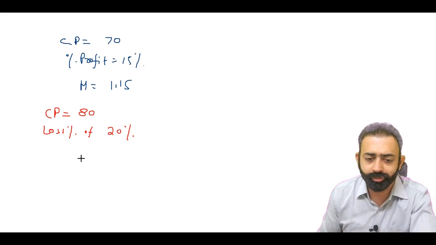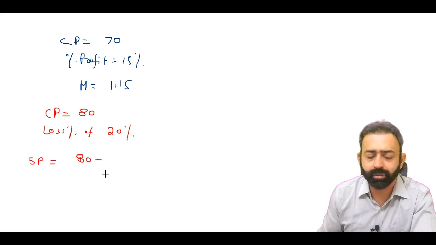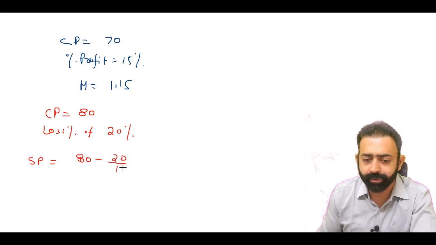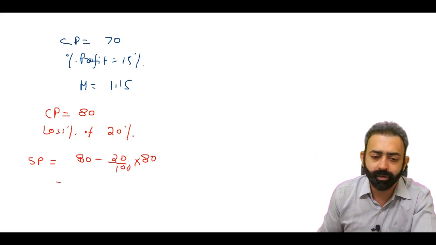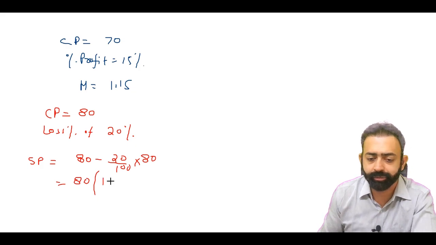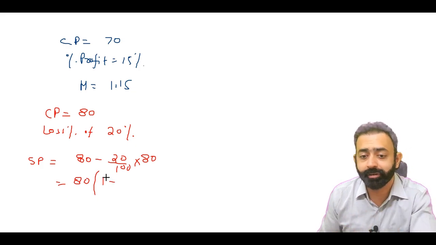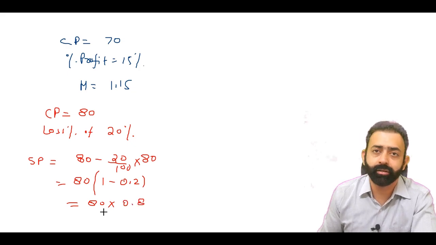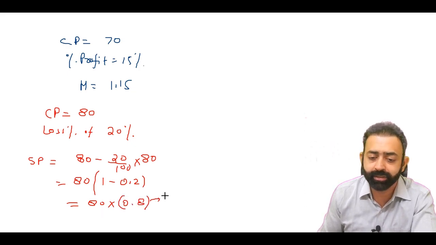So for loss, to find the selling price, we subtract the loss percentage, which is 20% of 80, from the cost price 80. Again we can take out the common factor 80, and instead of writing 1 plus, we write 1 minus 20%, which is 0.2. So the cost price will be multiplied this time by 0.8. In this case 0.8 is our multiplier.